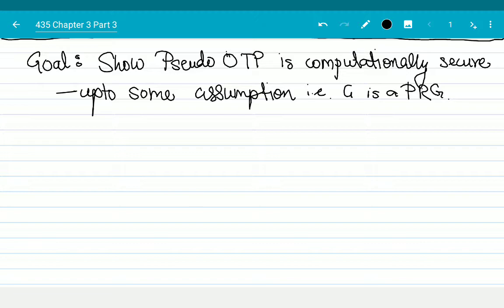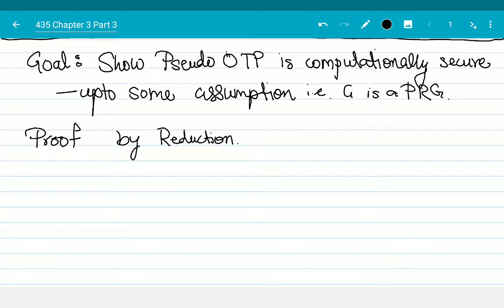And the way we prove it is by a process called proof by reduction. There are various methods of doing this.